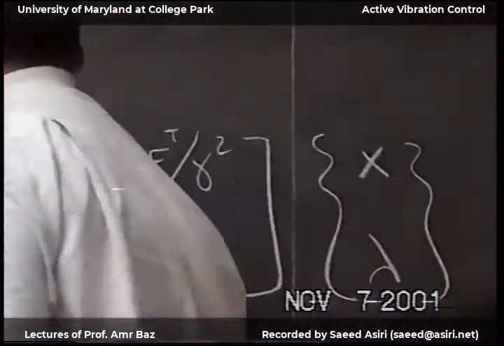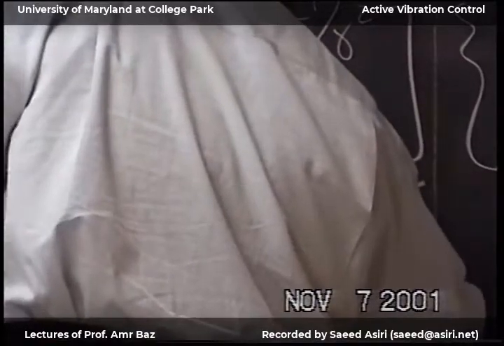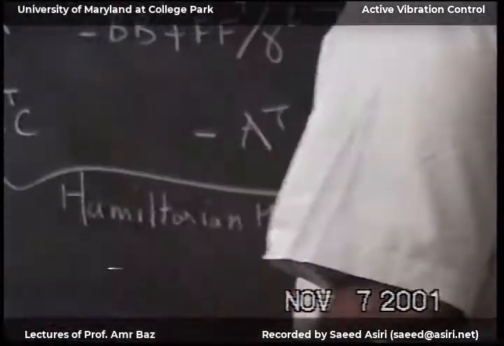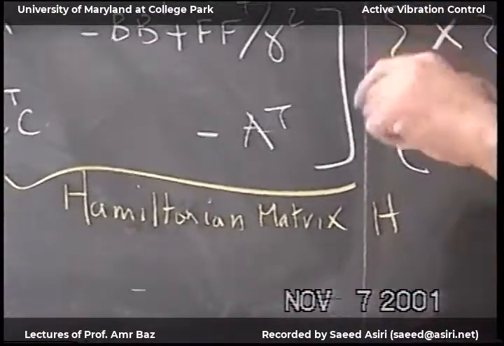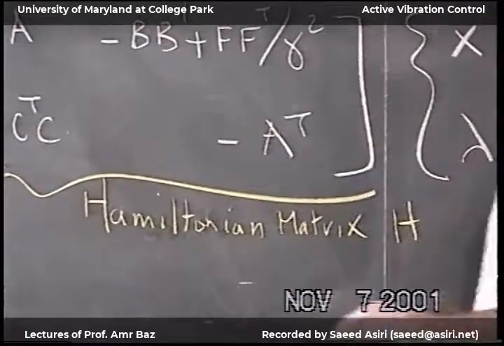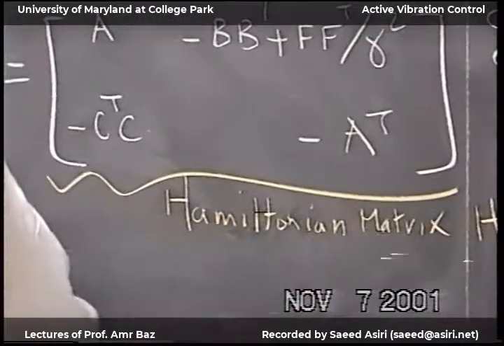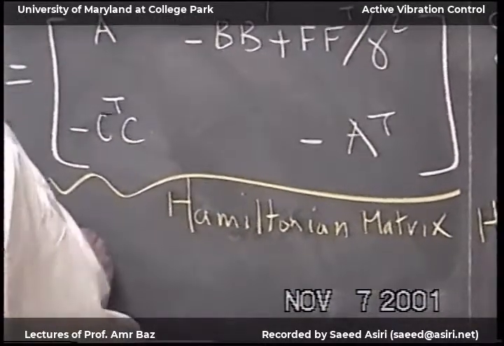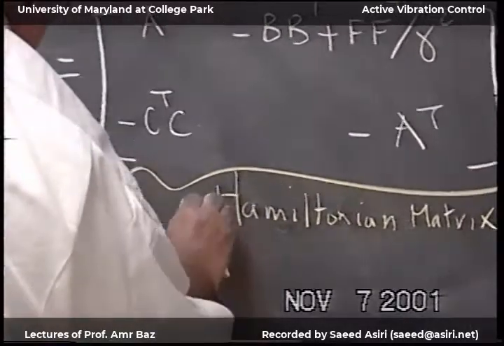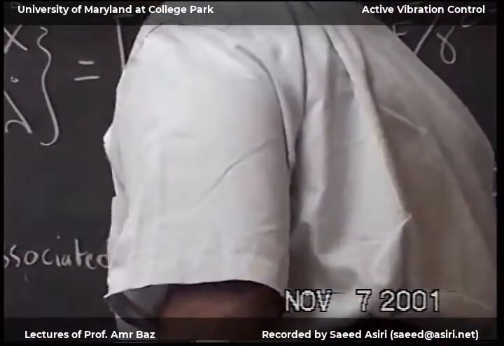And now this is my Hamiltonian matrix H. And I can put this Hamiltonian in the associated Riccati equation. So we should say algebraic Riccati equation.